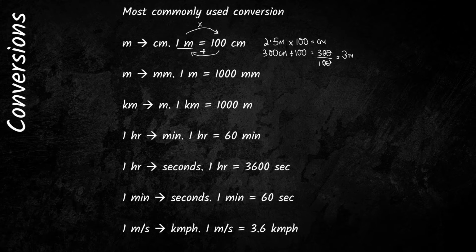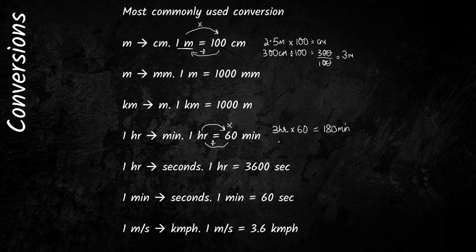This is something that you can apply to virtually any unit conversion. So let's say for example you have minutes to hours. An hour is a larger unit, so to convert to minutes you need to multiply, and minutes is a smaller unit, so you need to divide to convert back into hours. So if you've got 3 hours and want to convert this to minutes, you multiply by 60, which gives me 180 minutes.